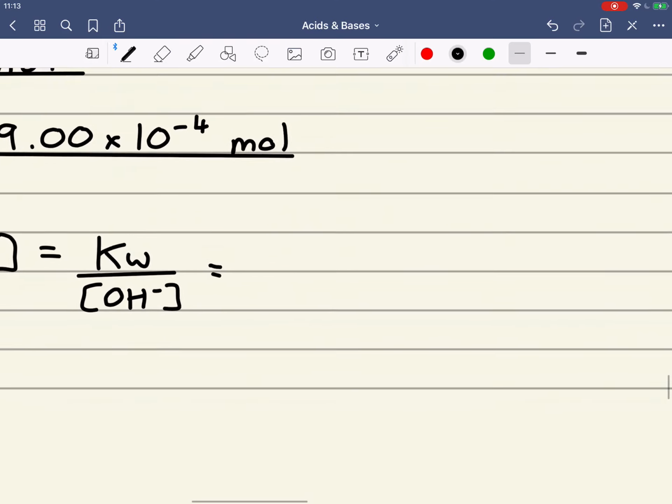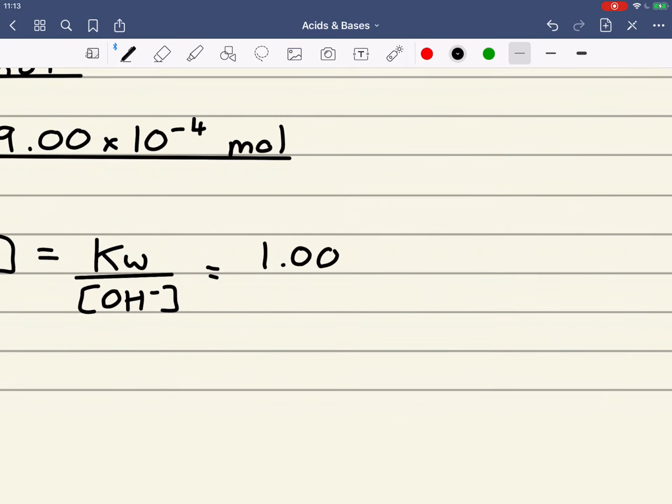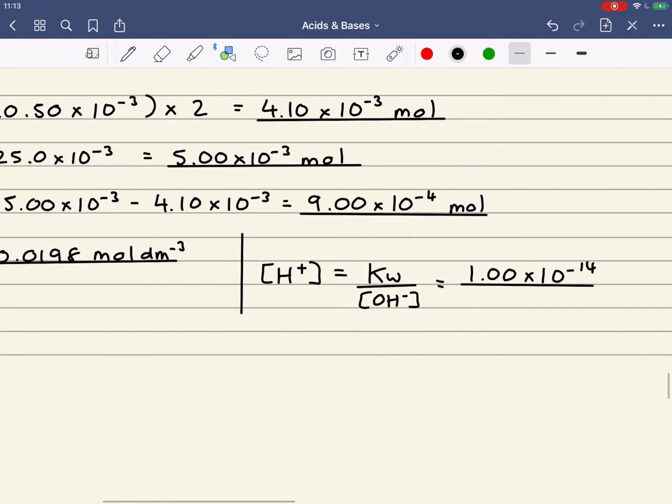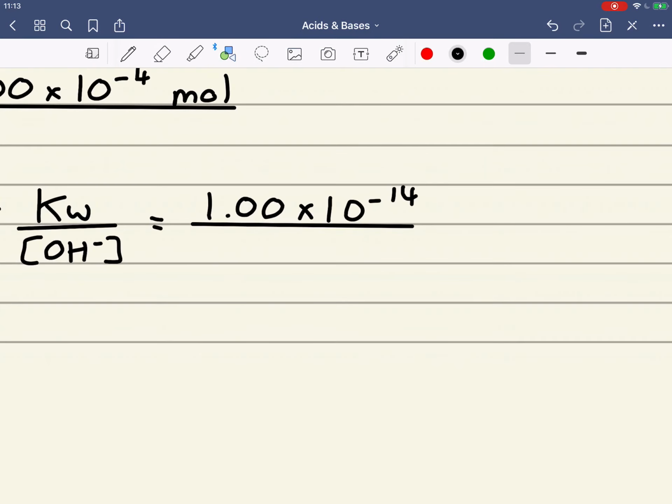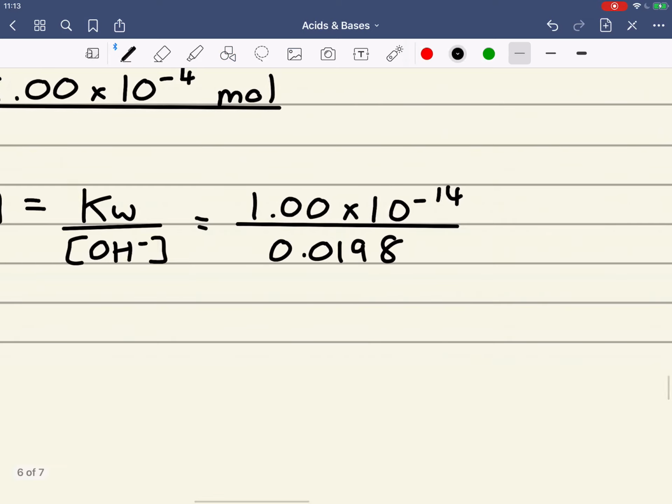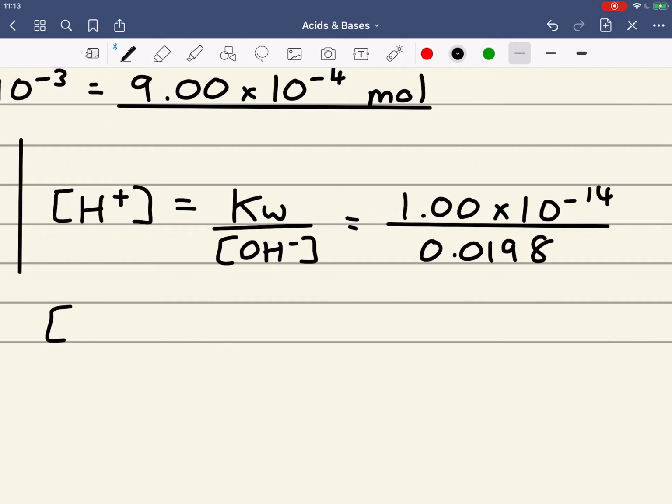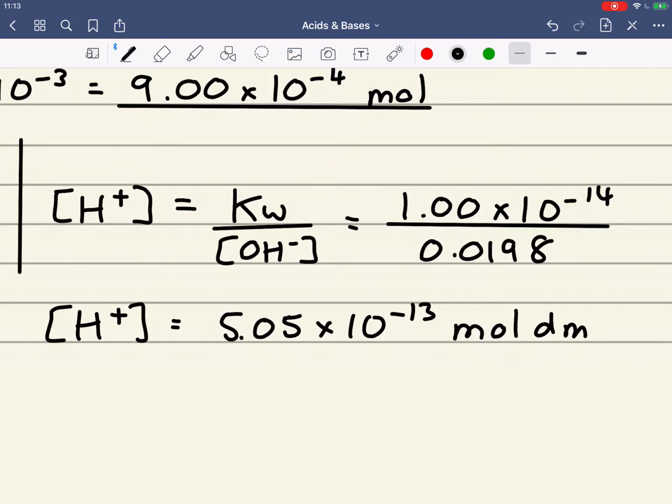So that's going to be equal then to 1.00 times 10 to the minus 14 divided by my hydroxide ion concentration of 0.0198. And that there gives me a hydrogen ion concentration of 5.05 times 10 to the minus 13 moles per decimetre cubed.